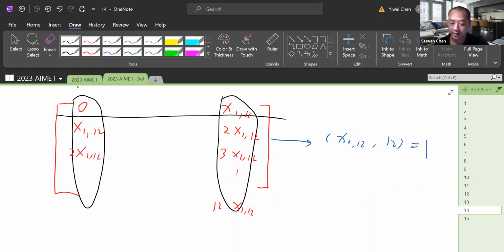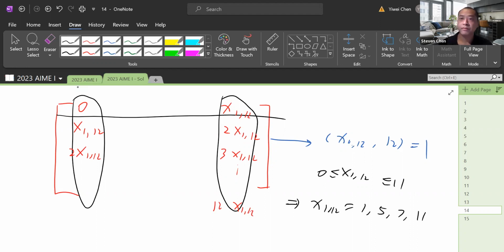So it implies that x1,12 should take a value between 0 and 11. And also we know that it must be relatively prime to 12. So all possible values for this particular entry can only be 1, 5, 7, and 11. Sounds good?